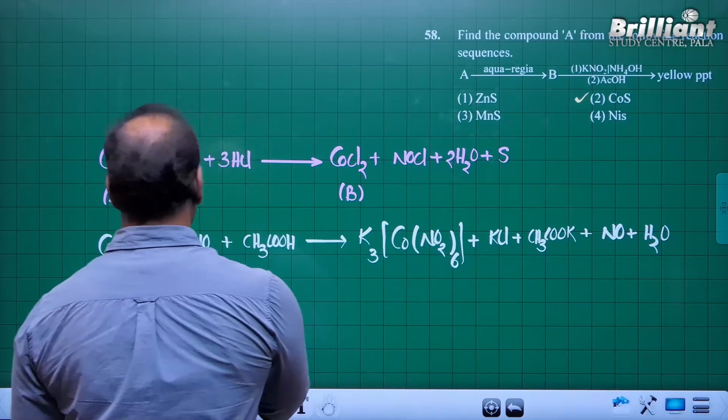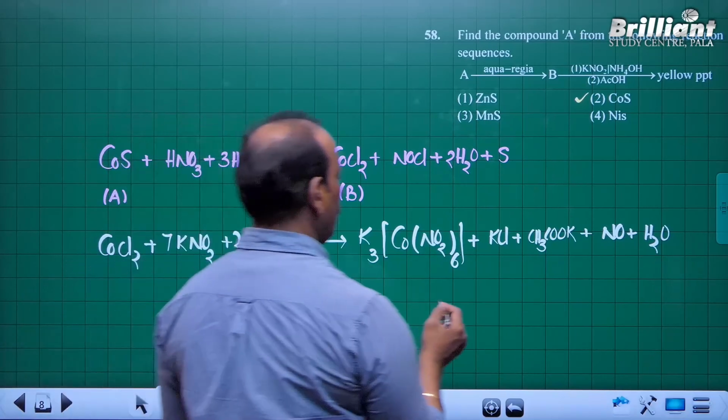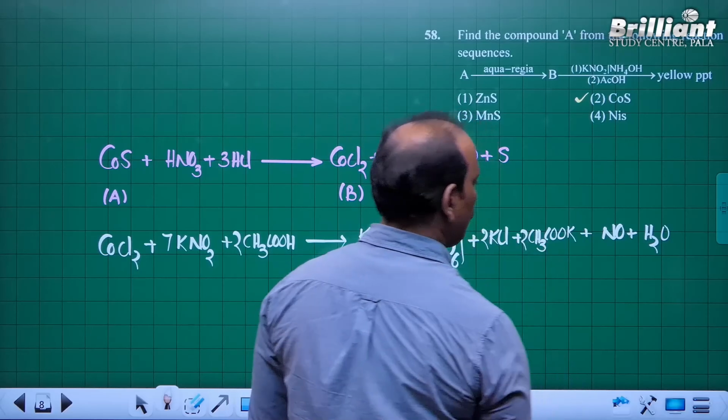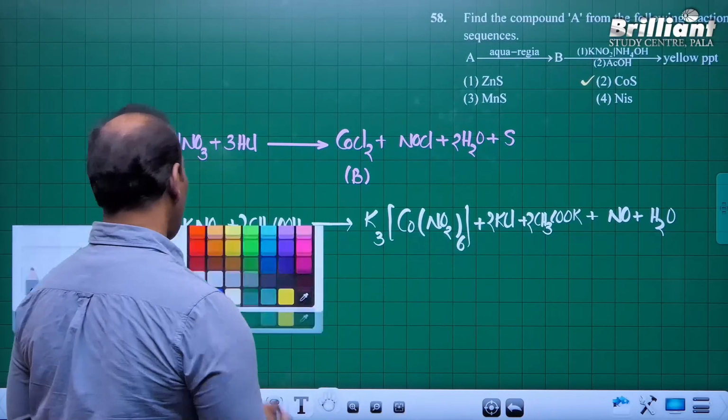And here it takes 7 and 2, this is 2, here 2. Okay. Then this is the yellow precipitate.